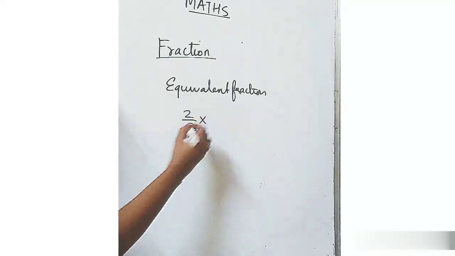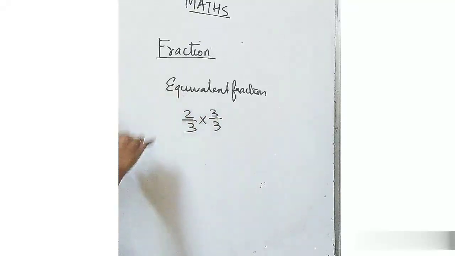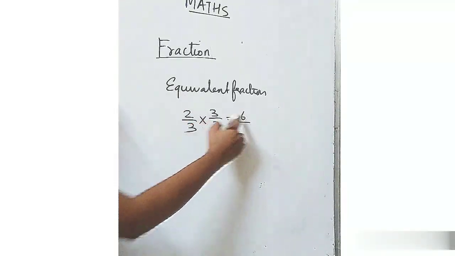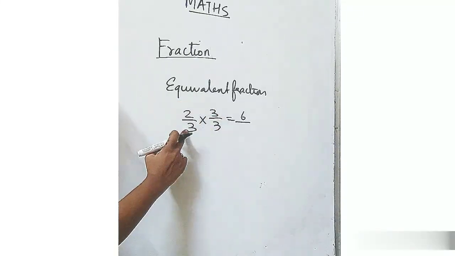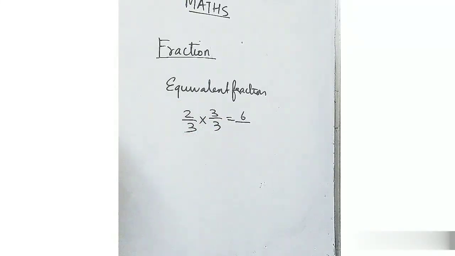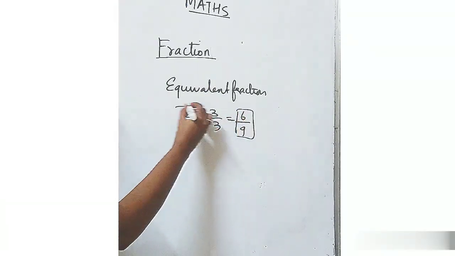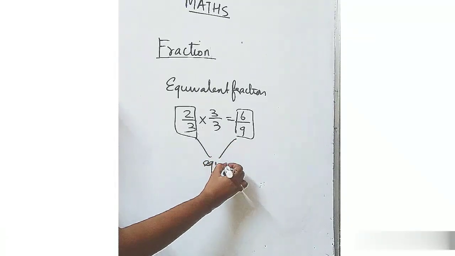If I multiply with a common number, like 3, to the numerator and to the denominator, the answer I will get is 2 3s are 6. Always remember, numerator should be multiplied with numerator, denominator should be multiplied with denominator. Now 3 into 3 will be 9. So this number and this number are equivalent fractions.